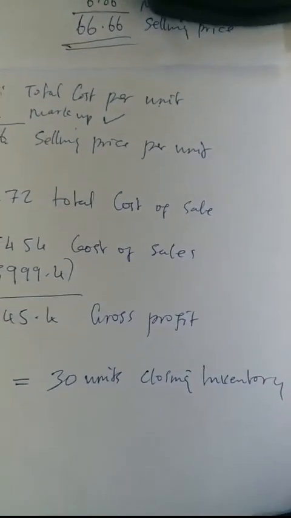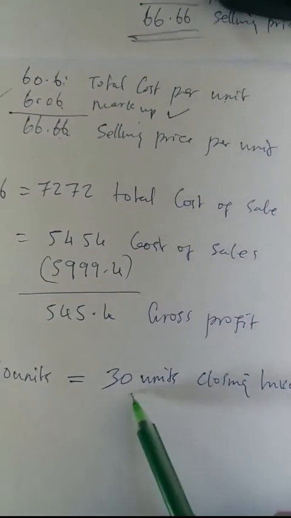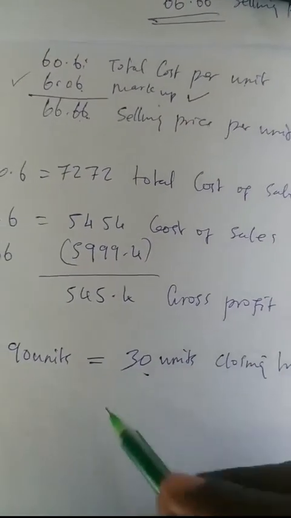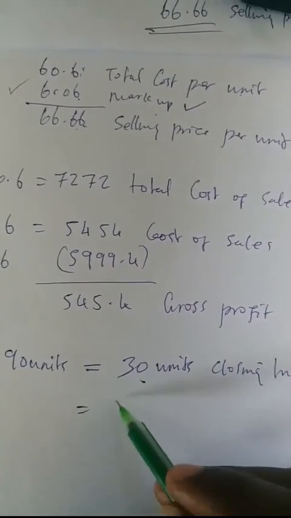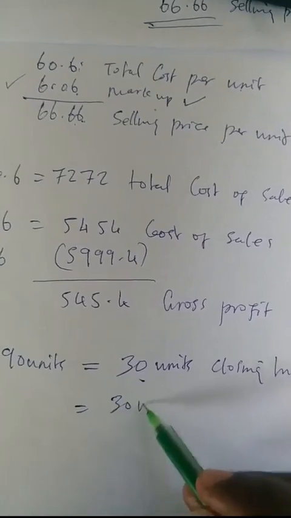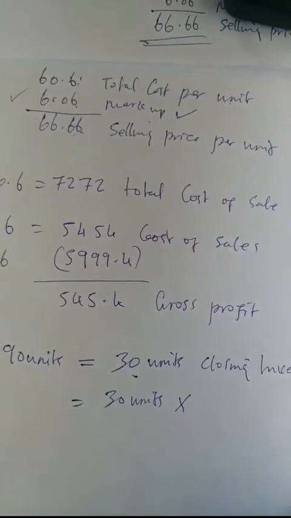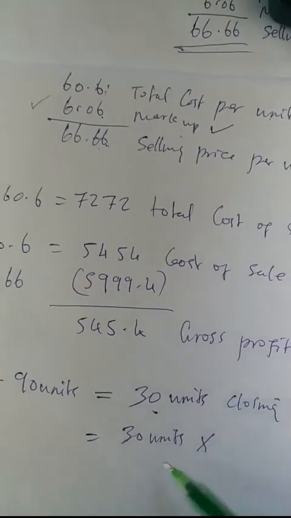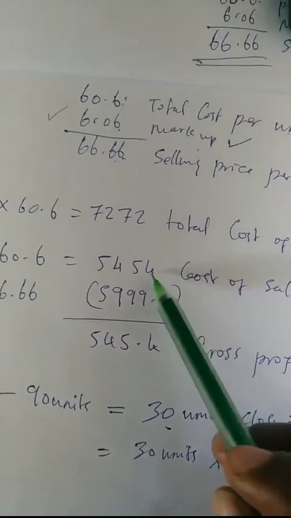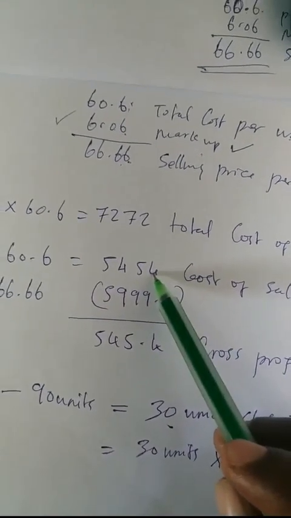Now we are not interested in how many units we are left. We want the value. The question says the value. So what's the value? 30 units multiplied by the cost of sales. You are valuing these units at the cost of sales because that's how much you spent on them.